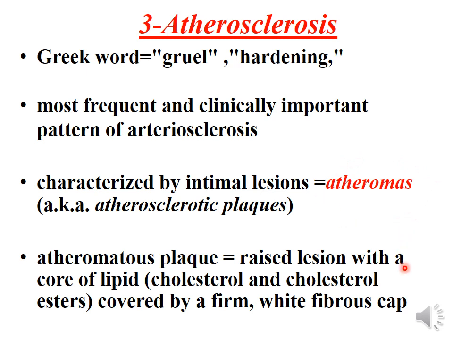Because this condition affects the intima of the artery, it will have a significant impact on the luminal diameter of the affected artery, and this leads to the significance of this condition. An atheromatous plaque or an atheroma is a raised intimal lesion that contains lipids, mainly cholesterol and cholesterol esters, and is covered by a firm white fibrous cap.